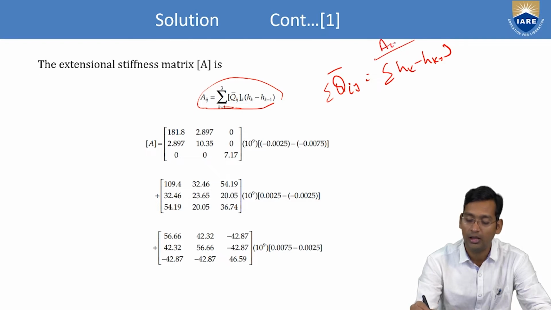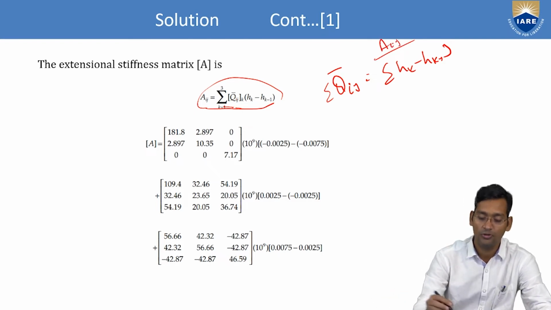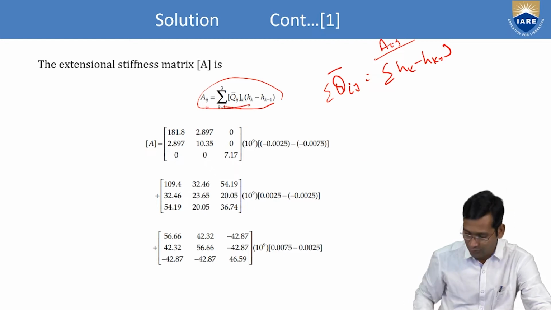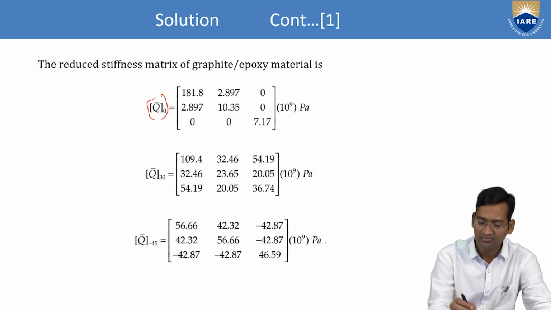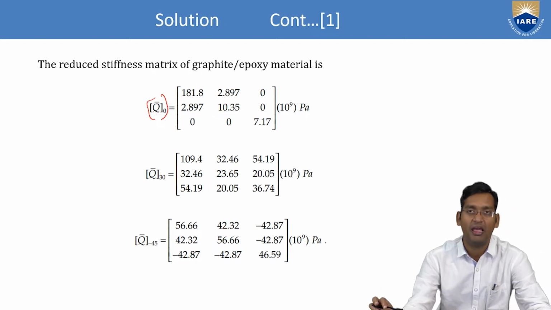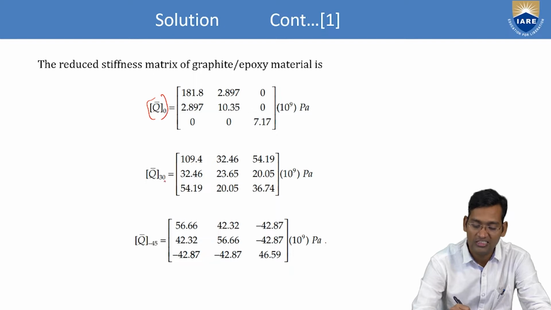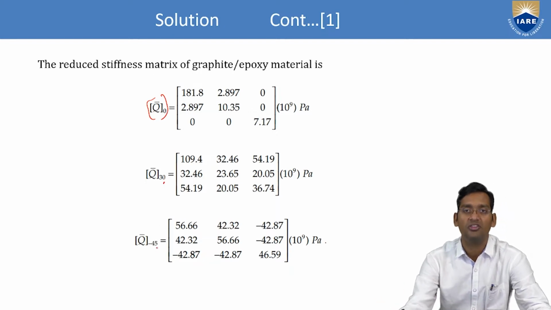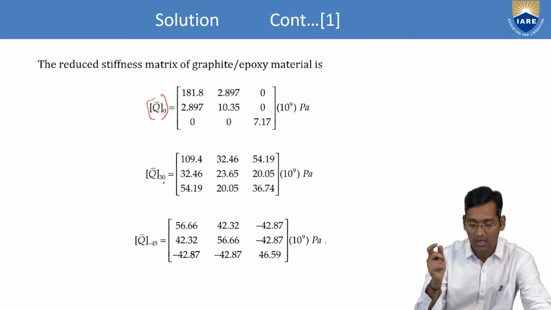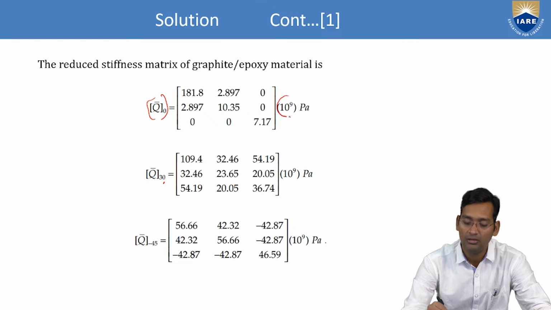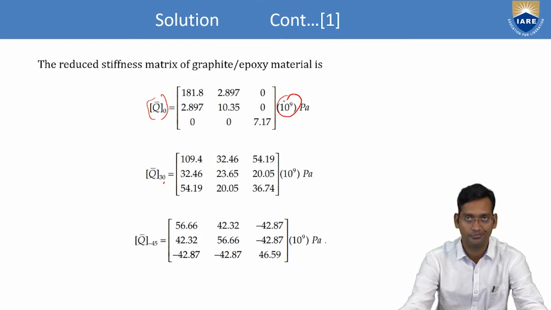So here we are finding A ij in terms of Q, and here we are finding Q dash bar 0. This is for the 0 ply, that's why you see it is 0. This is for the 30 ply, at 30 degree angle, and this is for minus 45 degrees. All are given in terms of gigapascal, so that's why 10 to the power 9 is here.